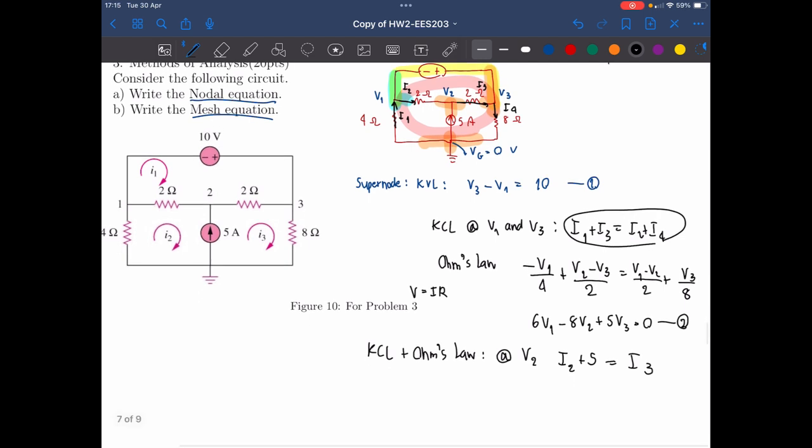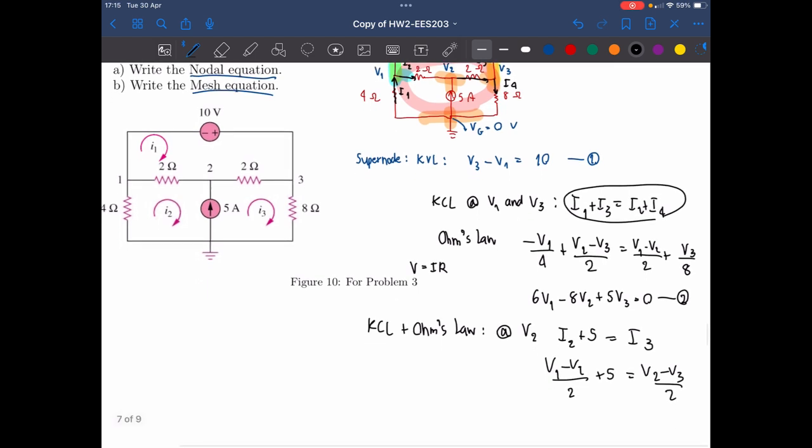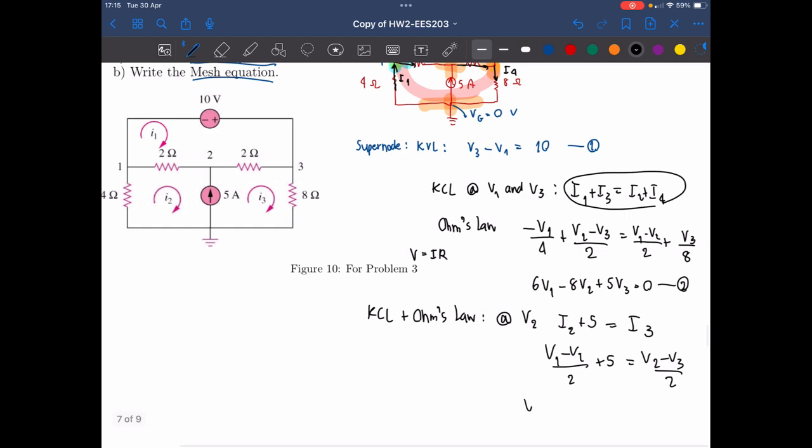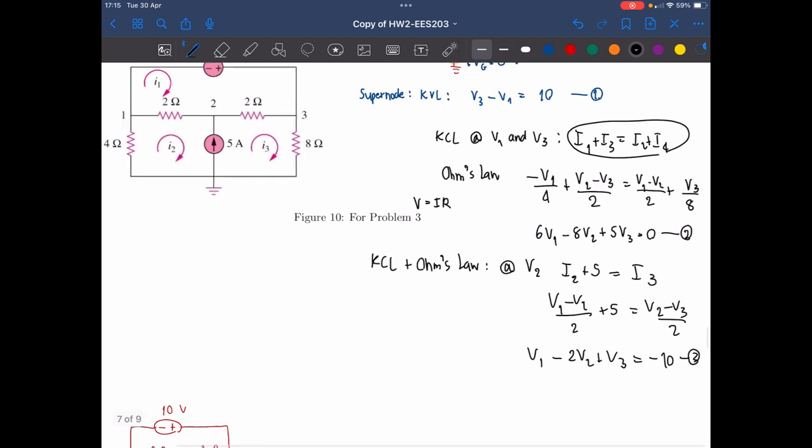Then using Ohm's law, we get V1 minus V2 divided by 2 plus 5 equals V2 minus V3 divided by 2, which resolves to V1 minus 2V2 plus V3 equals minus 10. This is the third equation.